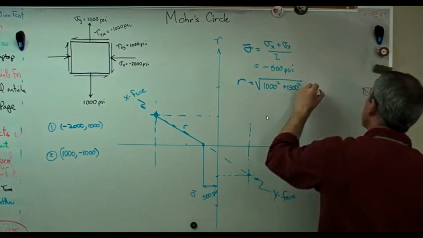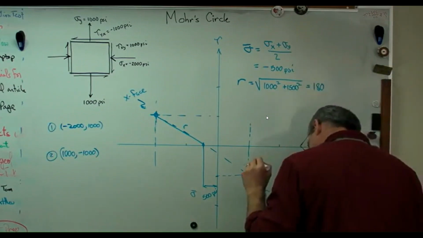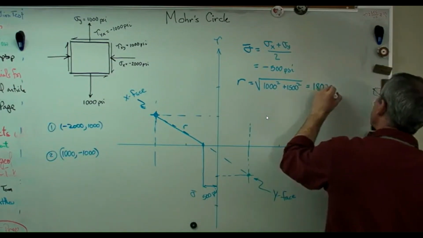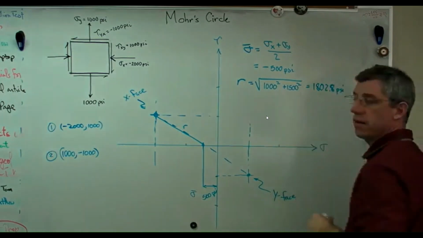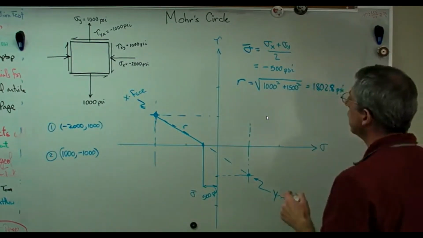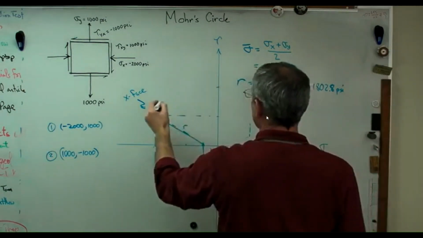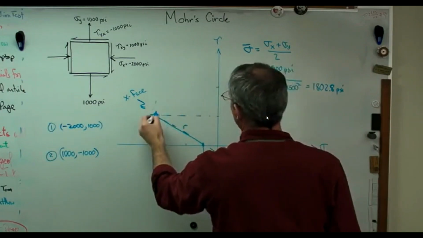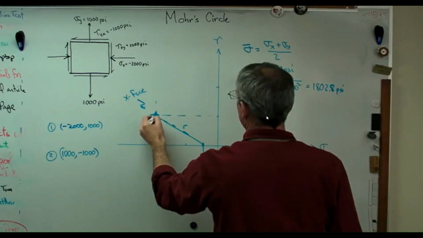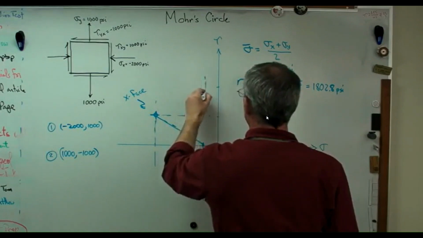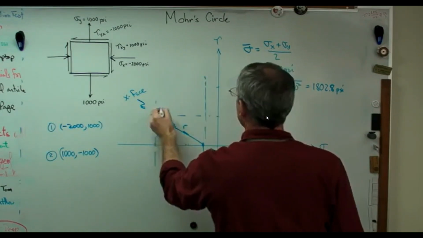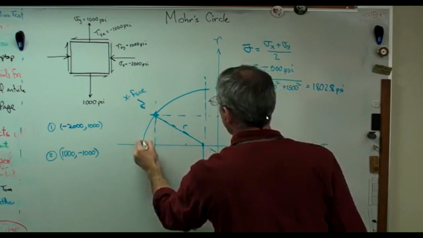The radius comes out to 1802.8 psi. That's the radius. Now we can start drawing the circle here. Let's see if I can do this here. I'm going to just eyeball this thing.